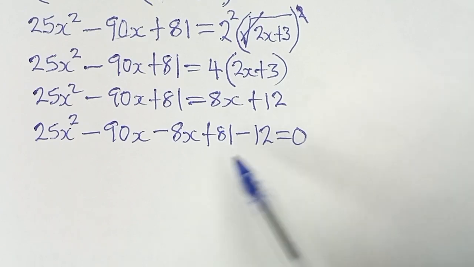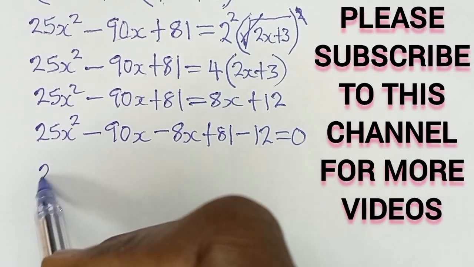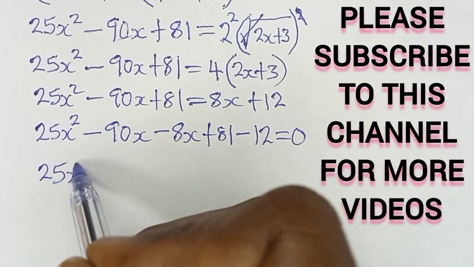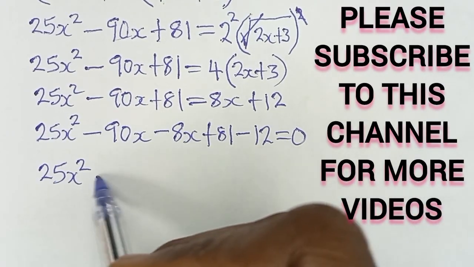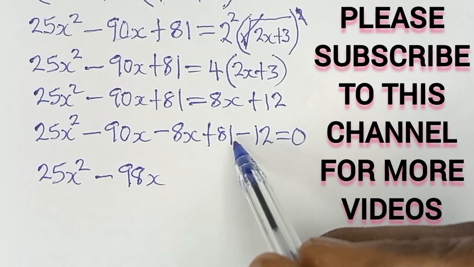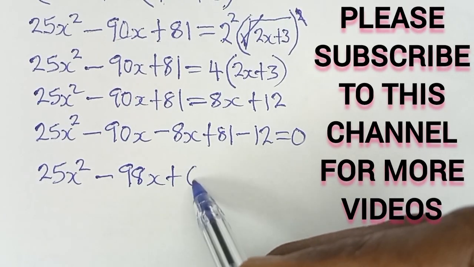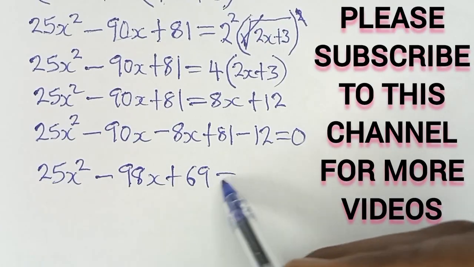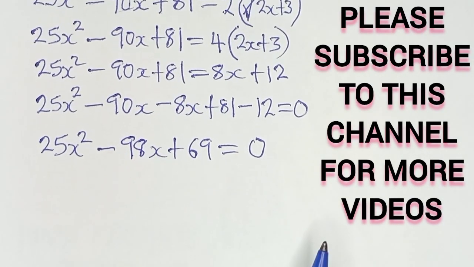So the next thing for us to do now is to simplify this. So I have 25x squared. Negative 90x minus 8x will give me negative 98x. Then 81 minus 12 will give me 69. And that is equal to 0. So I now have this quadratic equation to solve.